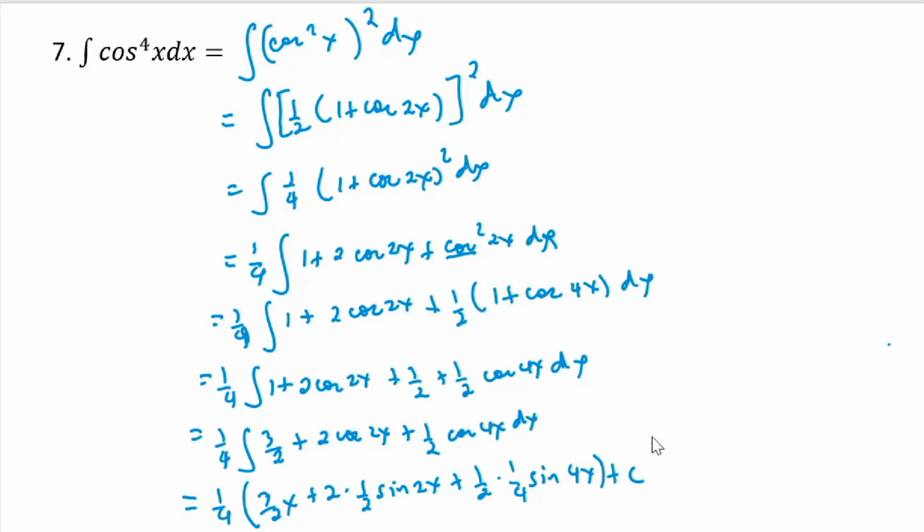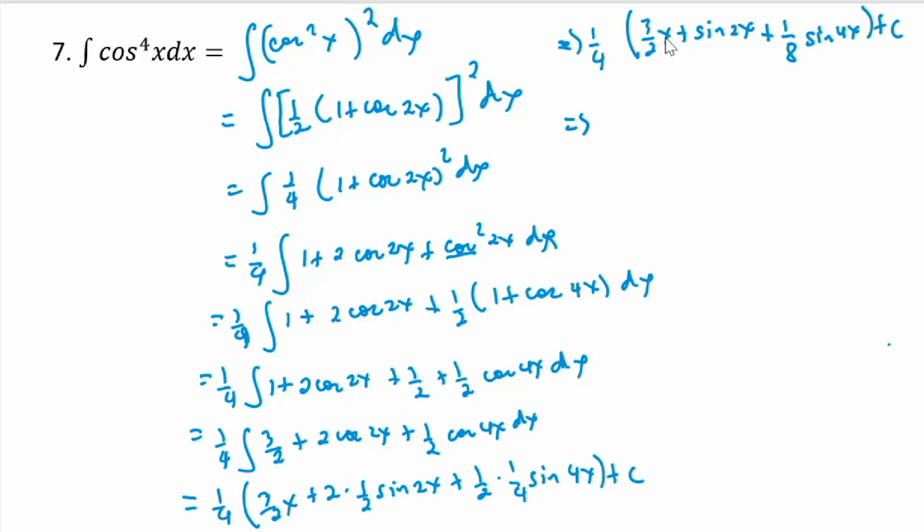By combining like terms now, I write first 1/4 times 3 over 2 of x, 2 times 1 half of sine 2x can be written as sine 2x. Then the third term, we have 1 half times 1/4 of sine 4x, which can be written now as 1 over 8 of sine 4x plus a constant.